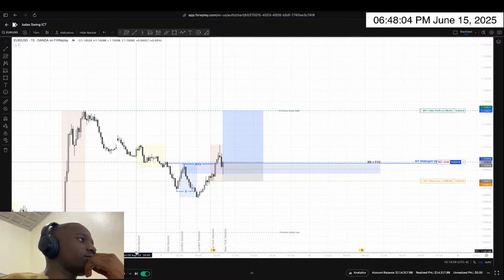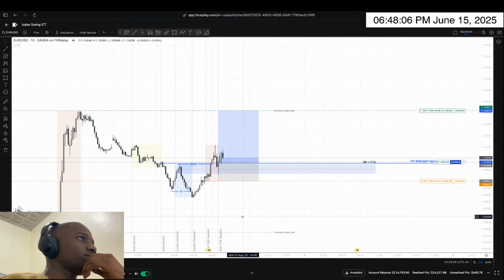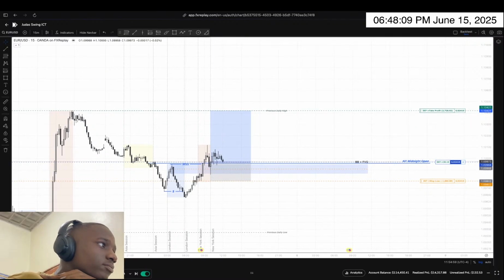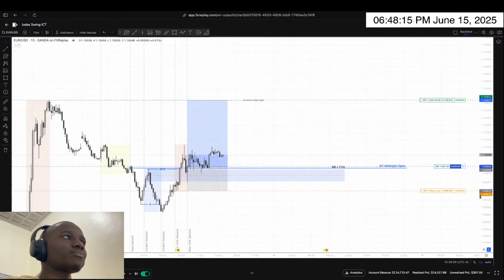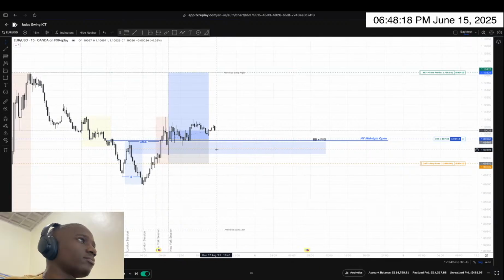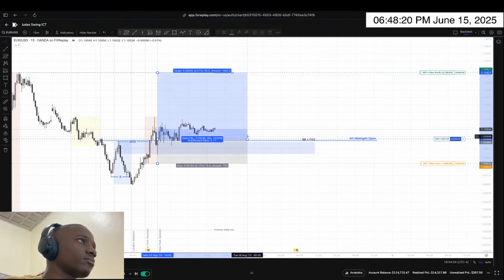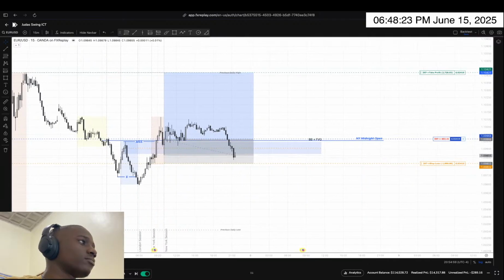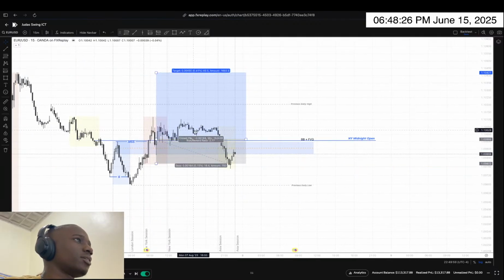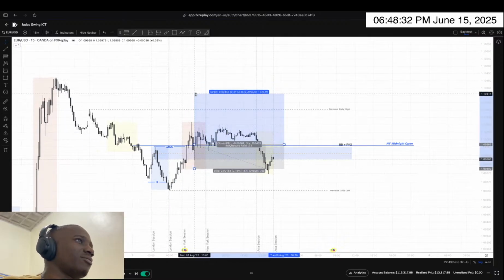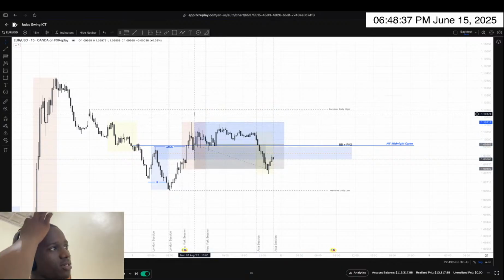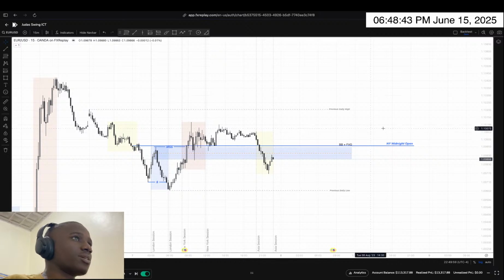Let's see what happens in here. So it's just dancing around. And we end up hitting stop loss by the next day open. I don't think we even got a one-to-one here. No one-to-one was even provided there. So yeah, it was just basically a simple manipulation day, as we can see it.